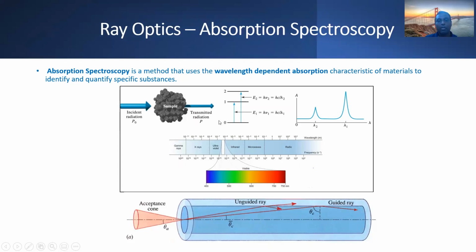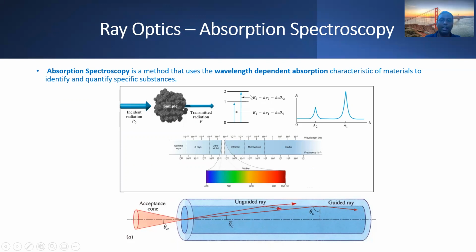From here we can see the energy levels. In absorption, the energy moves from level 0 to energy level 1, corresponding to wavelength 1. Also, energy level 0 can absorb to energy level 2, corresponding to wavelength 2.